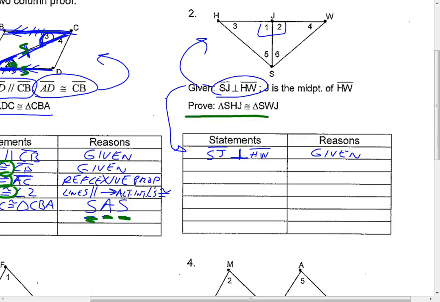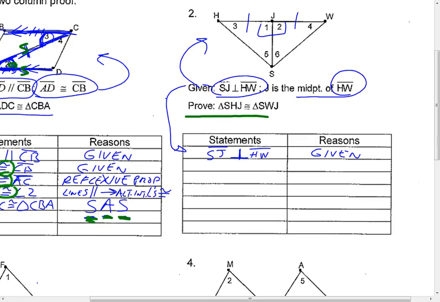Anytime midpoint or bisector shows up, underline it and circle what follows. If you circle what follows, then you're actually telling yourself what gets cut in half. The HW gets cut in half. Put some slash marks to show that it got cut in half.